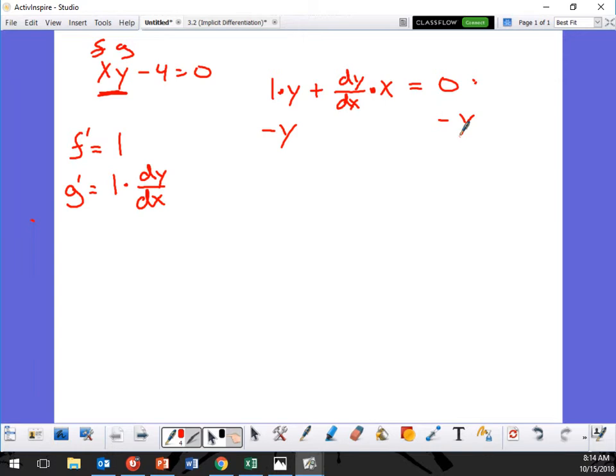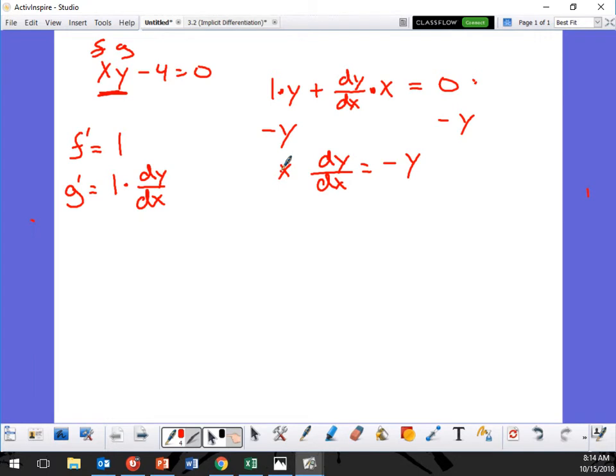So I'm going to get x dy/dx, putting this x right here in front, equals negative y. So what's happening in between the x here and the dy/dx?